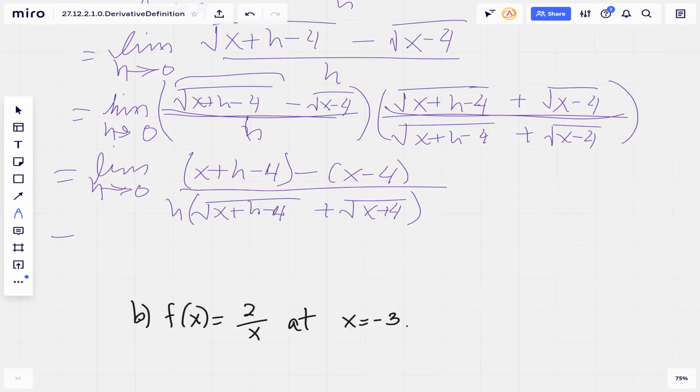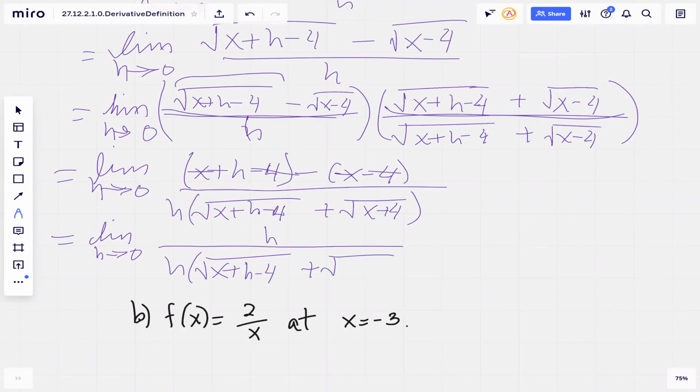Okay, so now let's simplify the numerator. Limit as h approaches 0 of, all right, so here x's cancel out, our 4's cancel out, and we're left with just h in the numerator. We have an h in the denominator times the square root of x plus h minus 4 plus the square root of x minus 4.